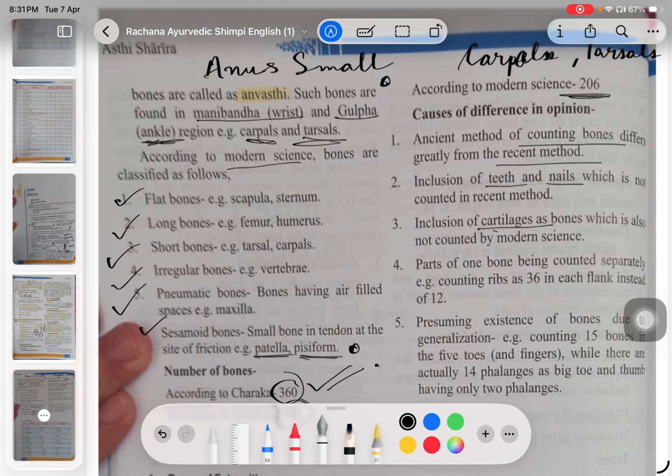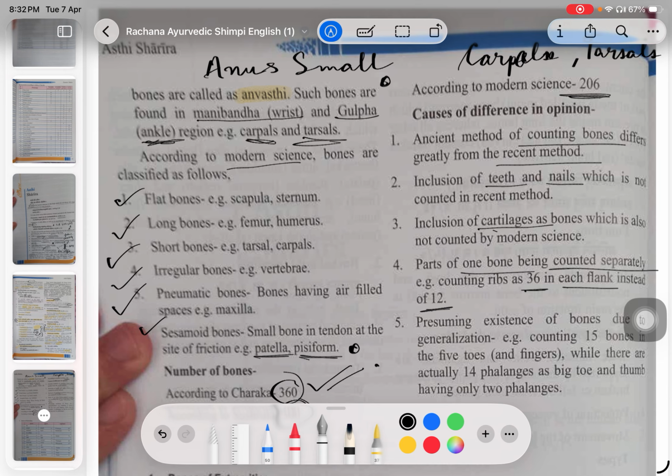Cartilages, right? Parts of one bone being counted separately, for example, counting ribs as 36 in each flank instead of 12, like whenever they bend, they count it as another bone. Or we can also think of it as a hip bone having three parts or even more than that. So all these can be the reasons, right?